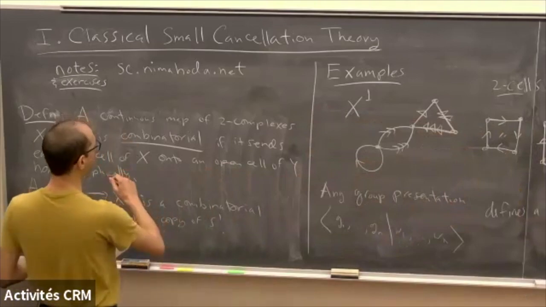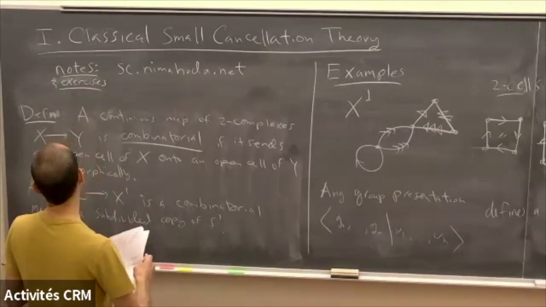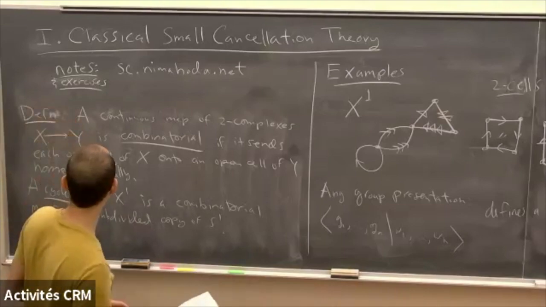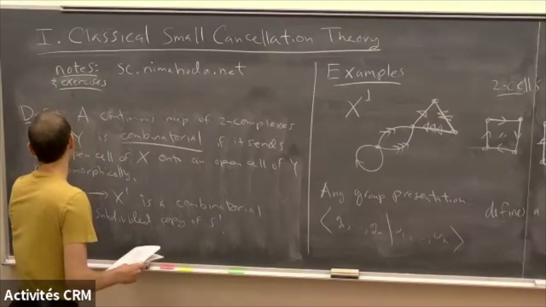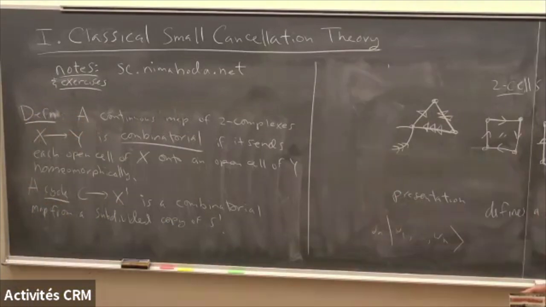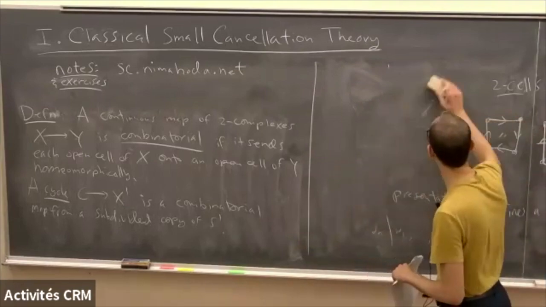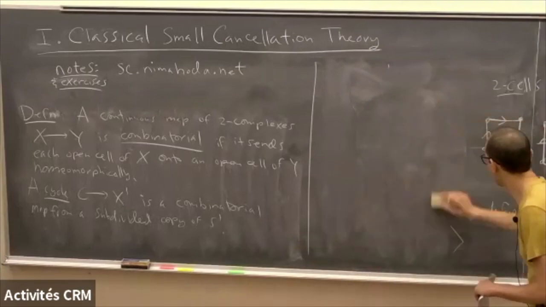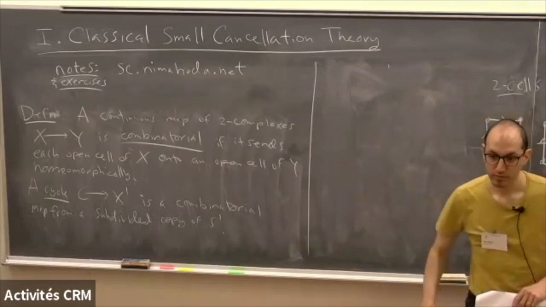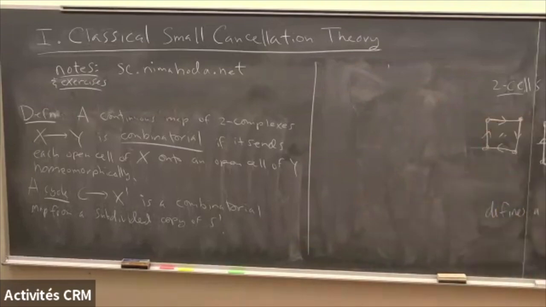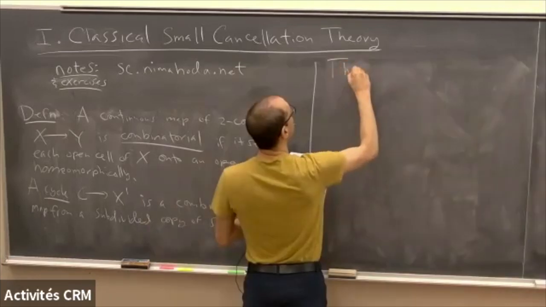When I say a map of two complexes, yes, a continuous map of two complexes. A map that collapses an edge to a point is not combinatorial. That's right. It could also be singular if you had an edge connecting two parts, or if they were just connected at a vertex. That would also be a singular diagram. So if you had something like that, yeah, that's singular.